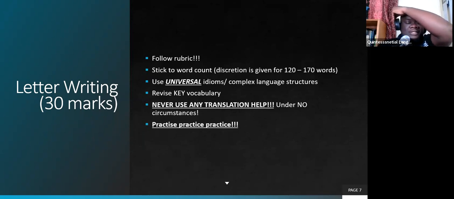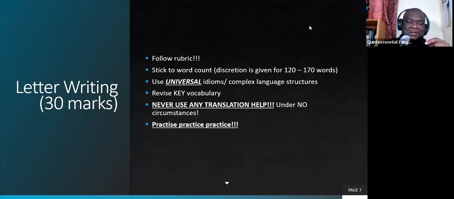And of course, never use any translation help. Under absolutely no circumstances. Once you're using an online dictionary or an app and it allows you to enter more than one word, you are translating.